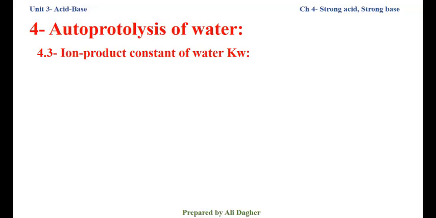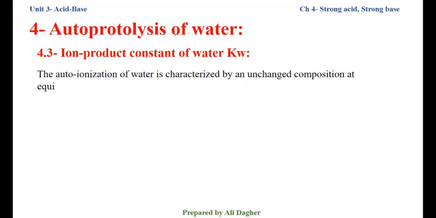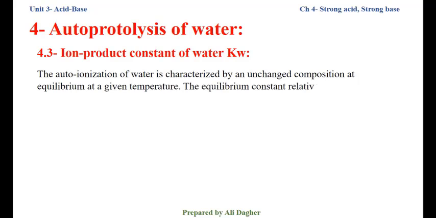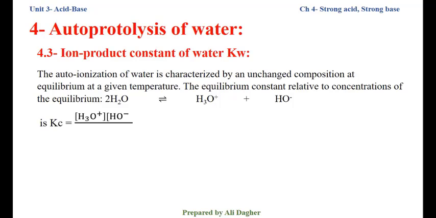Now, the ion product constant of water, represented by Kw. The auto-ionization of water is characterized by an unchanged composition at equilibrium at a given temperature. The equilibrium constant relative to concentrations of the equilibrium 2H2O gives H3O+ plus HO-. This is the equilibrium of the auto-ionization of water. The equilibrium constant Kc equals concentration of products over concentration of reactant to the power 2.